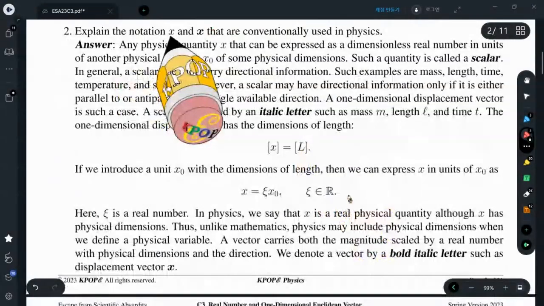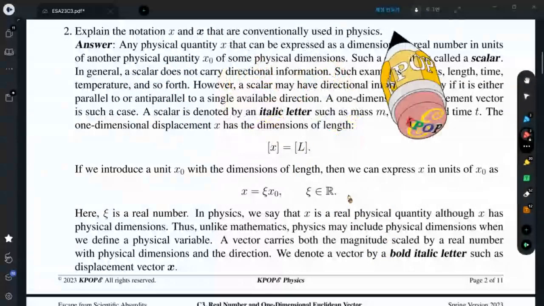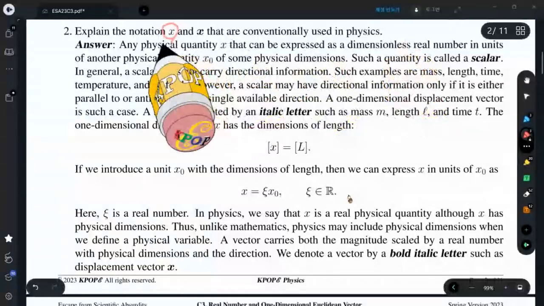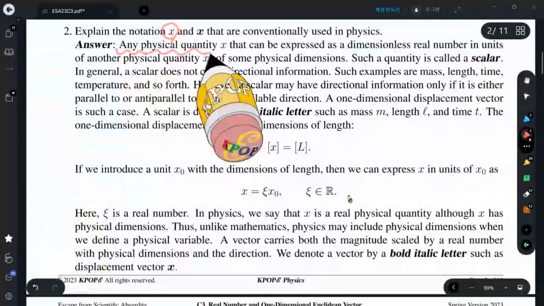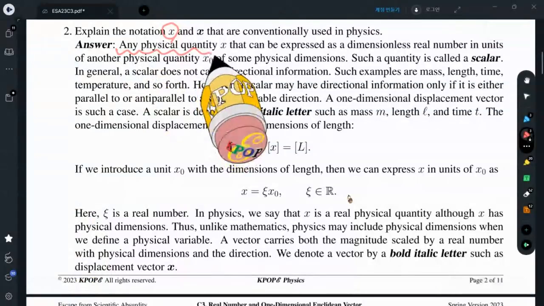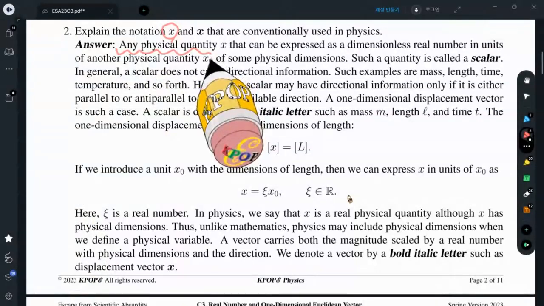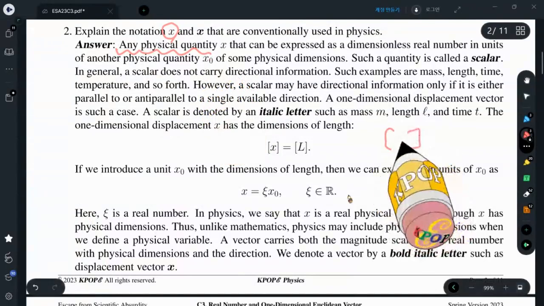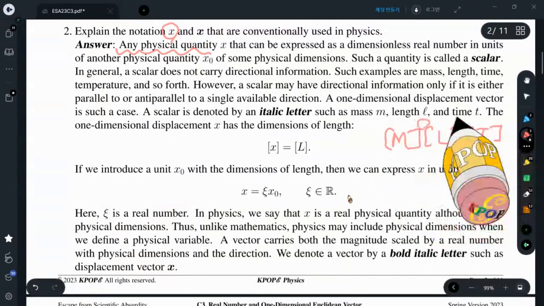Explain the notation x and x that are conveniently used in physics. In physics, we use an italic letter to represent a physical quantity, especially a scalar. Scalar means it can be represented by a single real number. That number does not have to be equal to a mathematical number; it may include dimensions of mass, length, and time, and their powers.